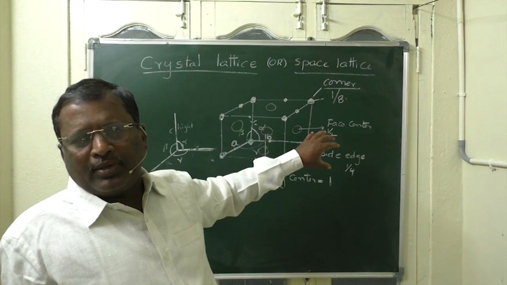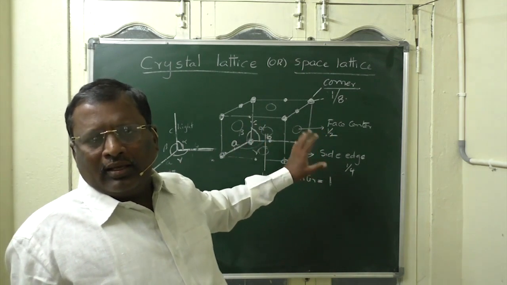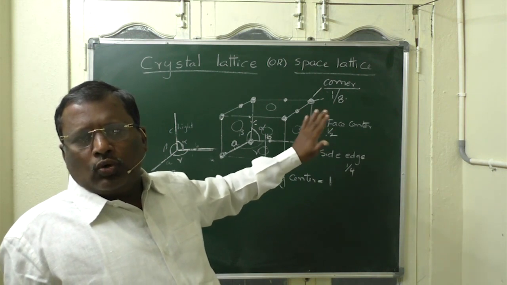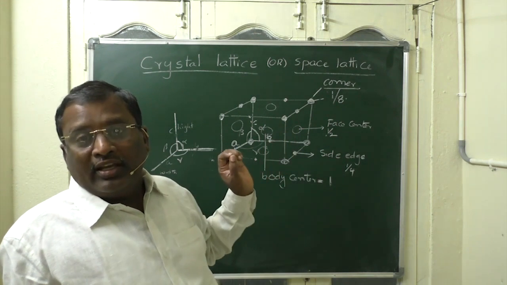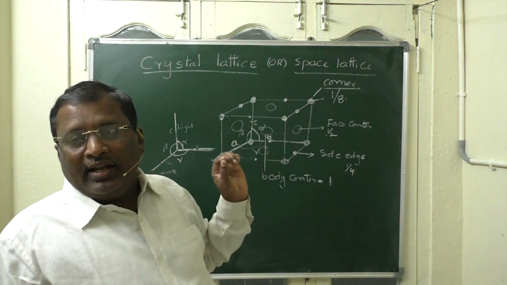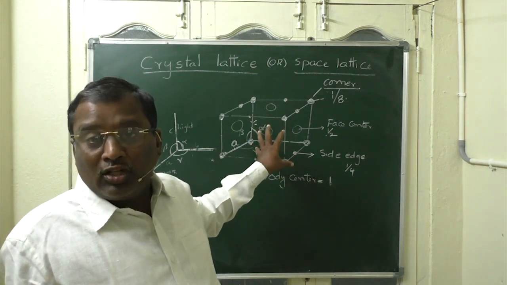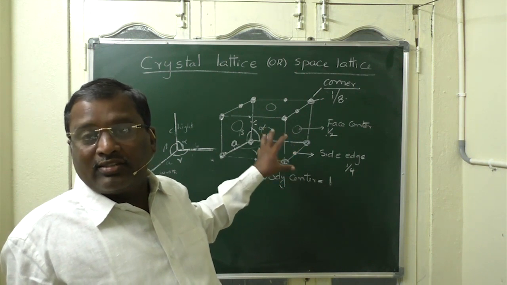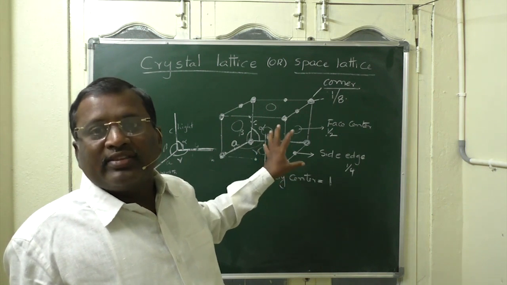The atoms which are present at the face centers, there are 6 face centers for a unit cell, each atom is shared by 2 unit cells. So, only half belongs to this unit cell, because in JEE Mains and NEET examinations you are going to get numerical problems based on this. That is why I am explaining the positions repeatedly. It is the most important topic with respect to competitive examinations.